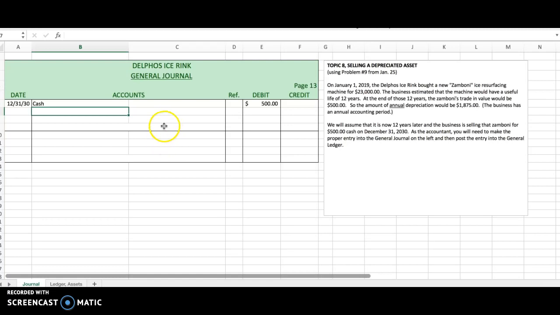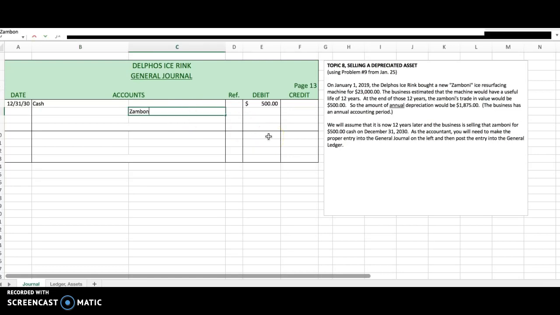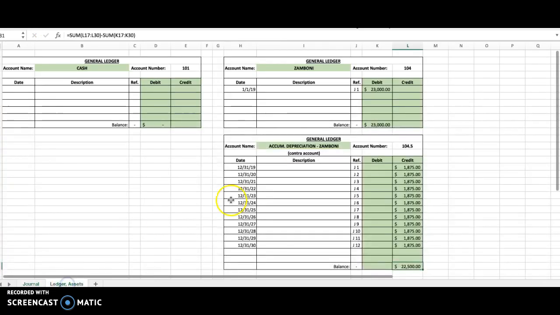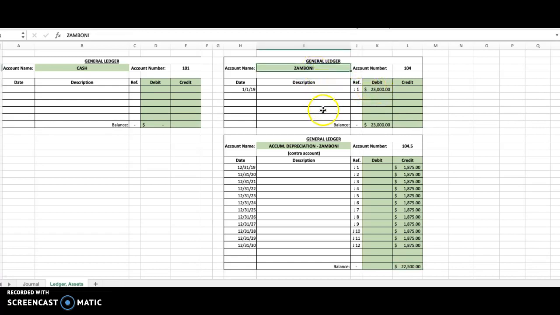First of all, let's look at the account for the Zamboni itself. We will credit this account. Now we do that because over here in the ledger, we want the Zamboni account to have a zero balance. We are selling it, we no longer have it, we need to clear it off the books, a phrase that accountants sometimes use.